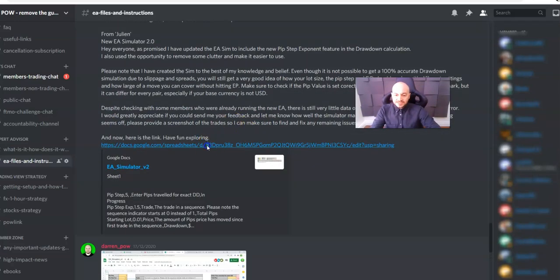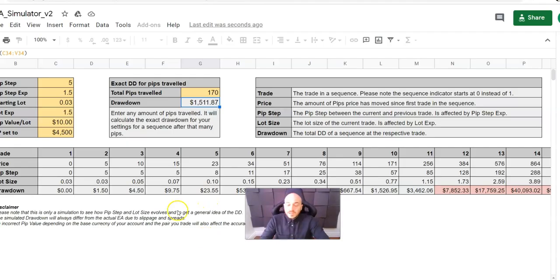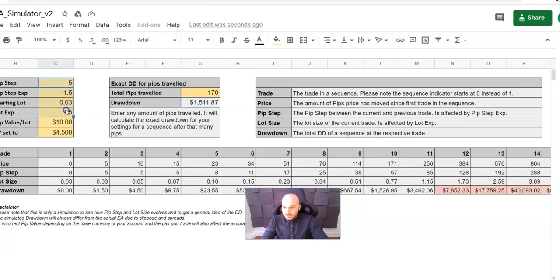So the EA simulator that Julian's created is here. Let's go into it. Here we go, it's just loaded. So this is the calculator. It enables me to use our EA variables in the top left here. These are the settings that I chose because these gave me decent low drawdown stats.